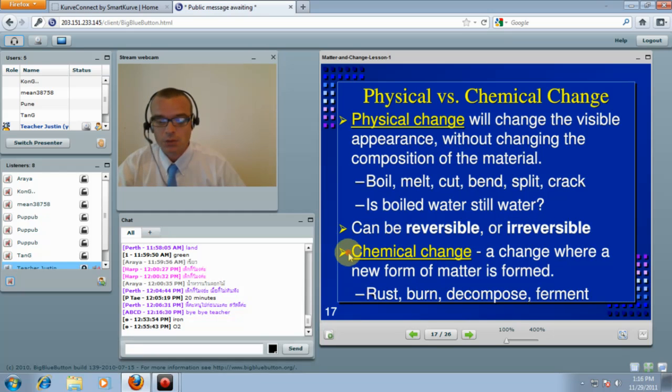Now, a chemical change is a change where a new form of matter is formed. Again, we've used these words before. Rust. Now, where would you see rust?